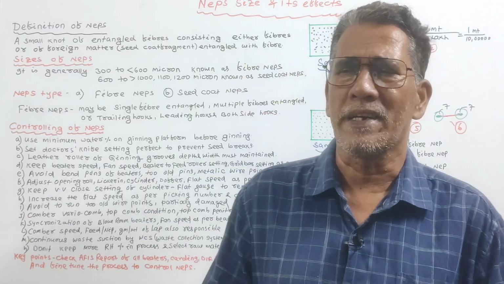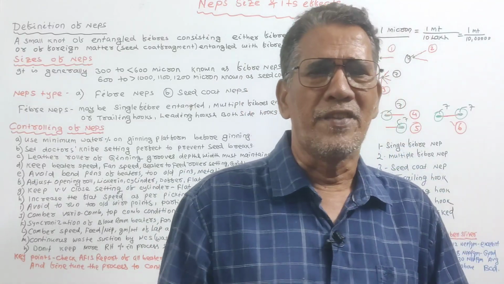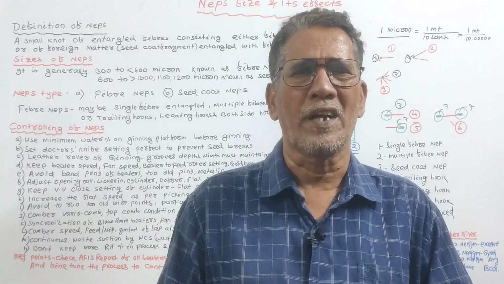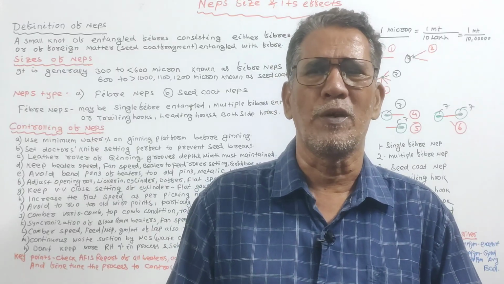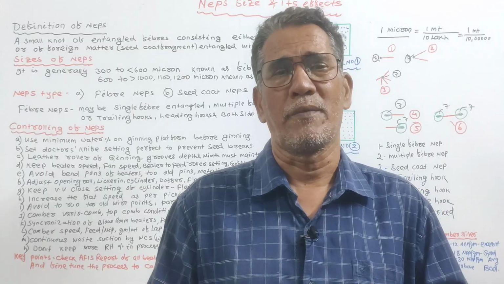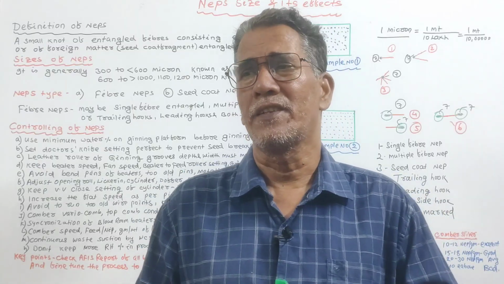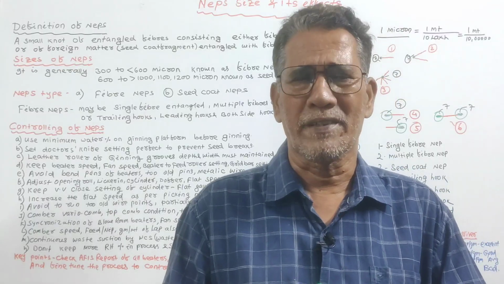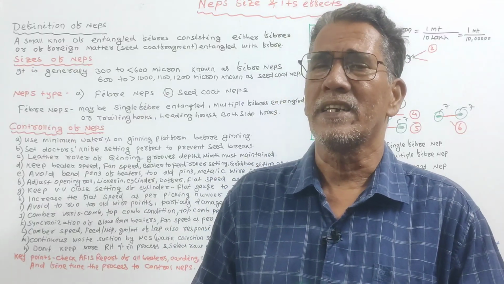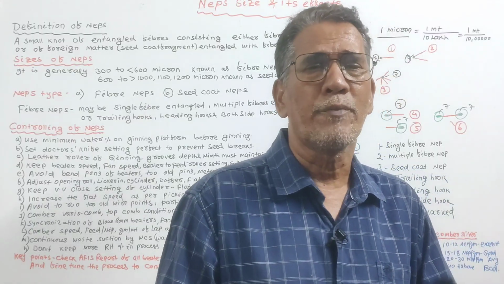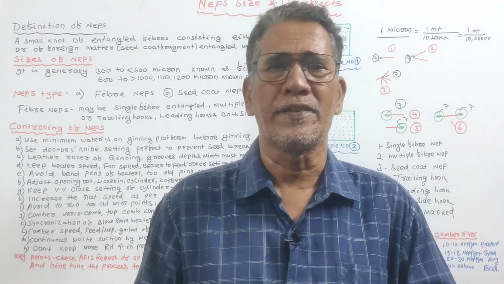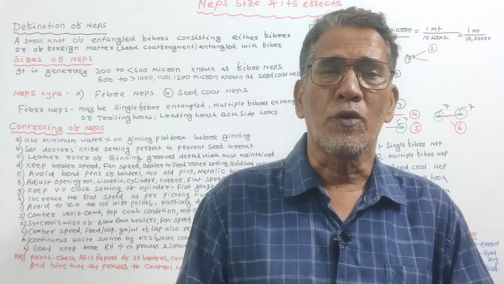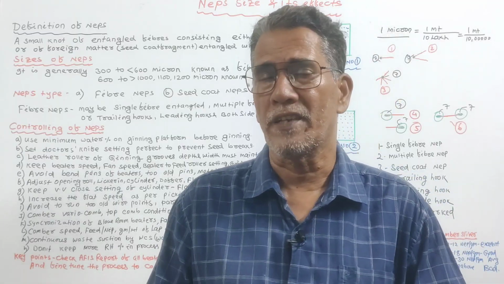If we are making synthetic yarn, neps will not increase so much and fabric appearance will not be disturbed, because nep generation is too low in synthetic. But in cotton we have to keep sharp eyes on nep generation, controlling neps in the process.